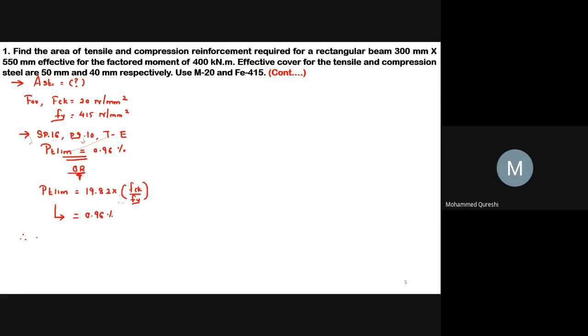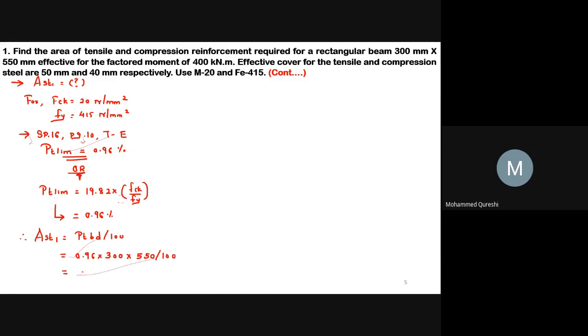Now, as we get the value of PT limit, we'll use the equation AST1 equals PT B D by 100, and the value of PT will be 0.96 into the value of B as 300 and the value of D is given as 550 divided by 100.